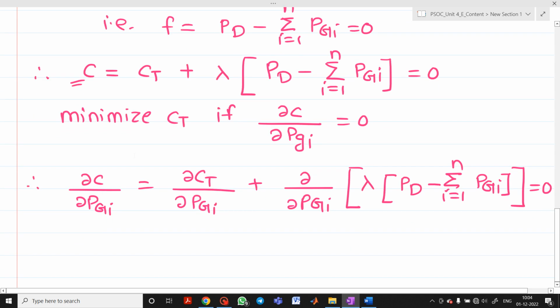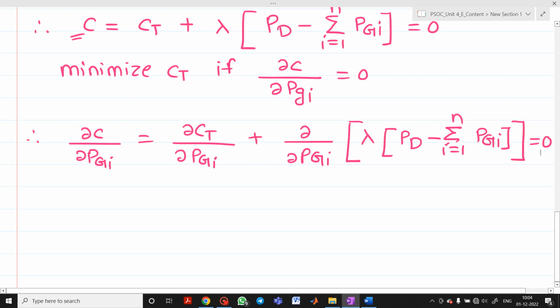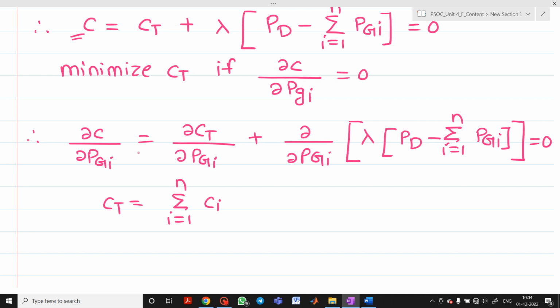Why are we taking this derivative? Because we have to minimize the cost of generation. Now we know what Ct is. Already we have seen Ct will be equal to summation i equal to 1 to n Ci.